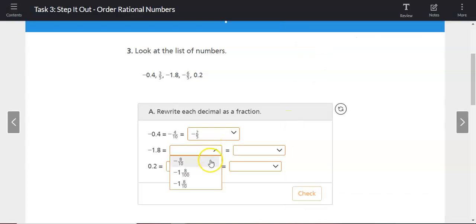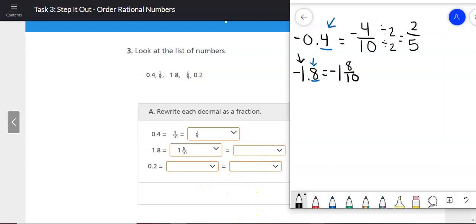So -1 and 8/10. They then want us to simplify it. And they're both even, so we're going to simplify by 2. And we get that -1 still comes over because we can't lose that whole number. 8 divided by 2 is 4. 10 divided by 2 is 5. So I have -1 and 4/5.